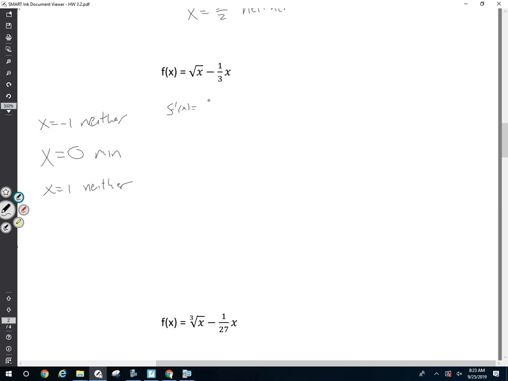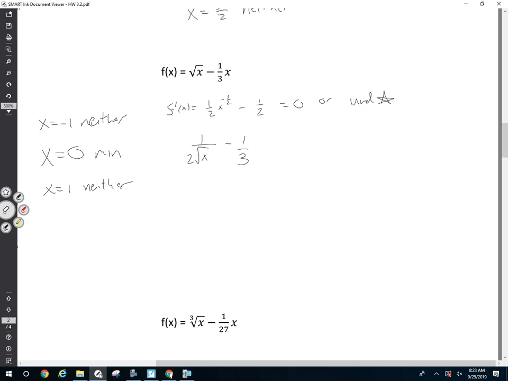We will have a denominator. That's a half. So don't forget about this part. One over 2 root x minus 1/3.